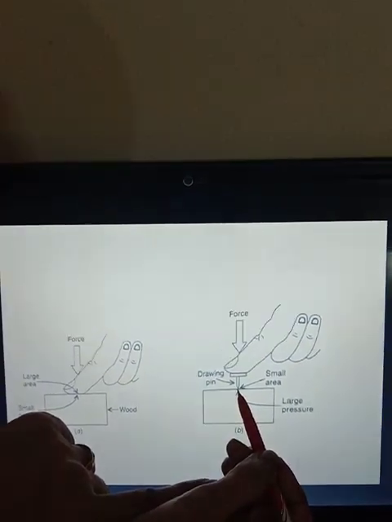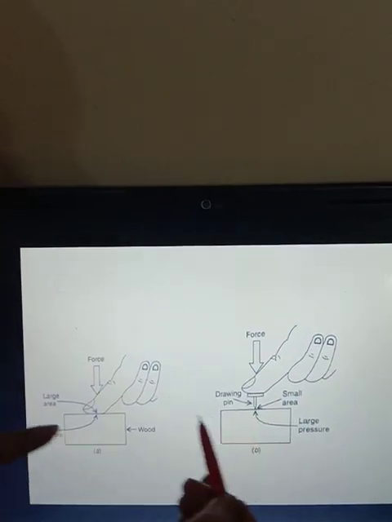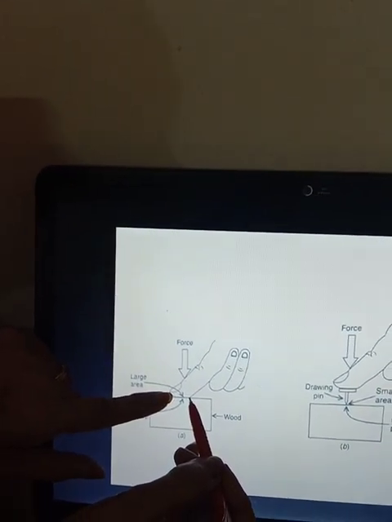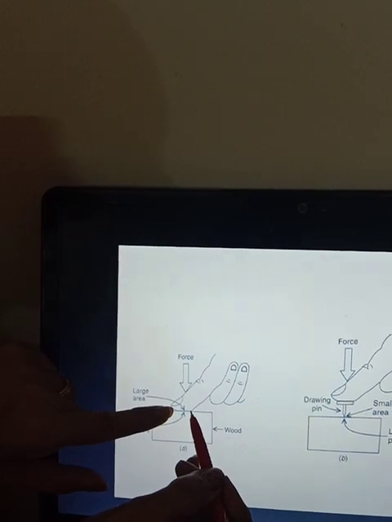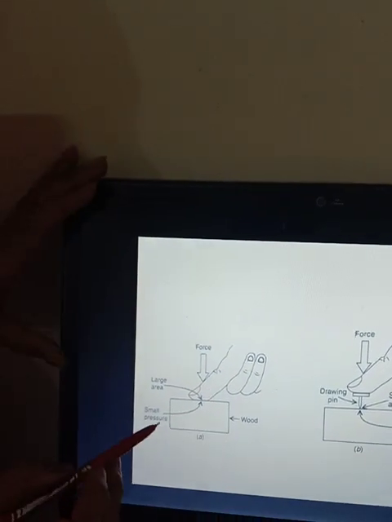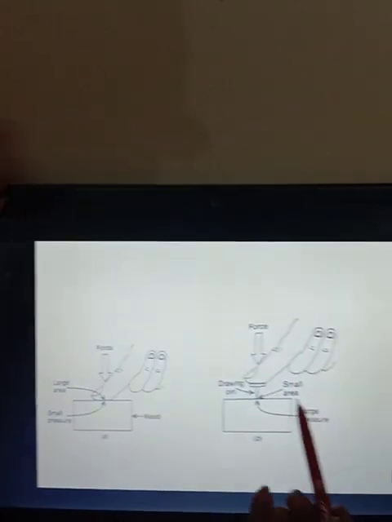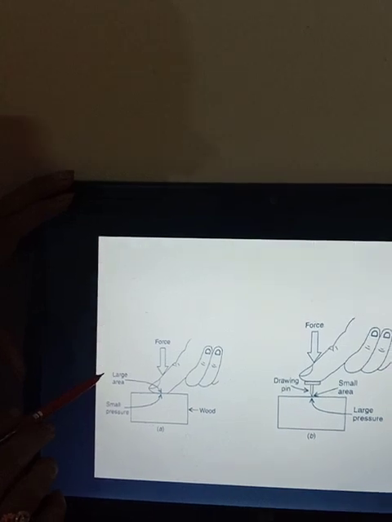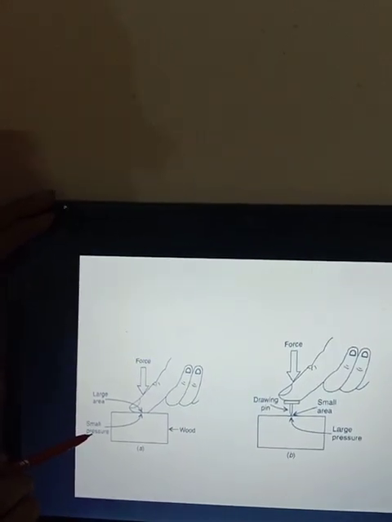Here the area is a point contact and here this much area is in contact. So as the area has increased, the pressure has decreased. Small area, large pressure. Large area, small pressure. I think now the things are very much clear to you.